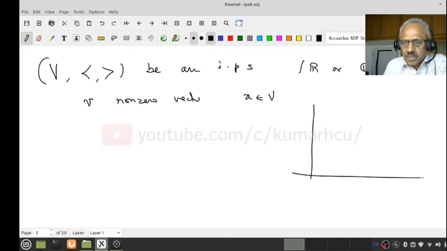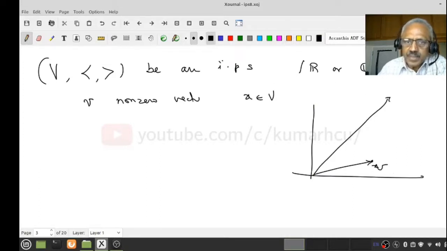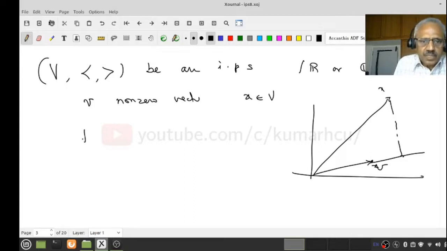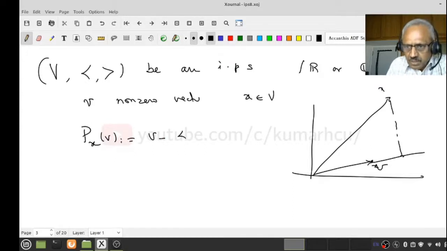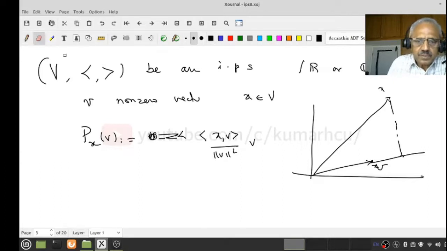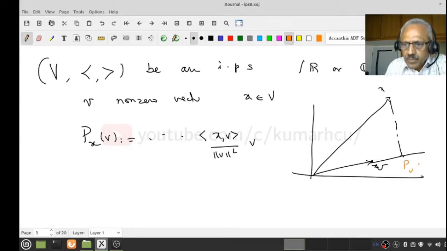I will always draw a picture like this: this is my V, this may be my X, and I want to orthogonally project it onto V. The orthogonal projection we denote by P_V of X. By definition, the orthogonal projection is the inner product of X with V, divided by the norm of V squared, times V. This is the vector P_V of X.